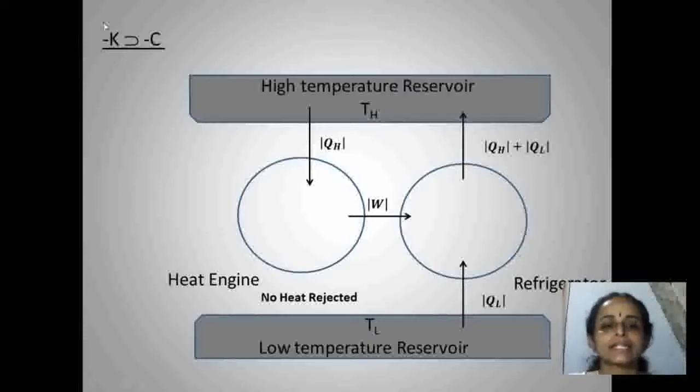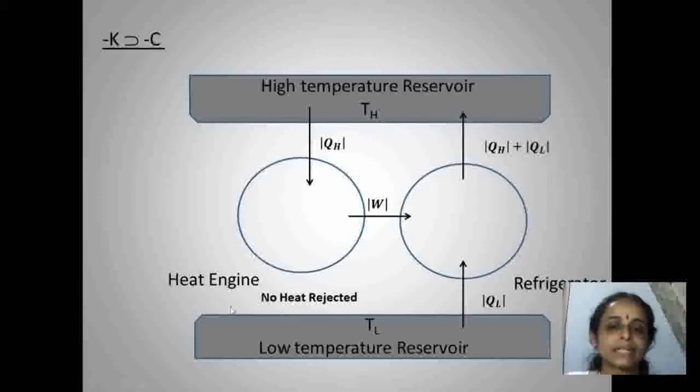For that, we are considering not-K here. What is not-K? There is no change in the low temperature reservoir. That means there is no heat transfer to the low temperature reservoir here. From the high temperature reservoir, this heat engine is taking QH quantity of heat and converting this QH completely into work without any transfer to the low temperature reservoir.